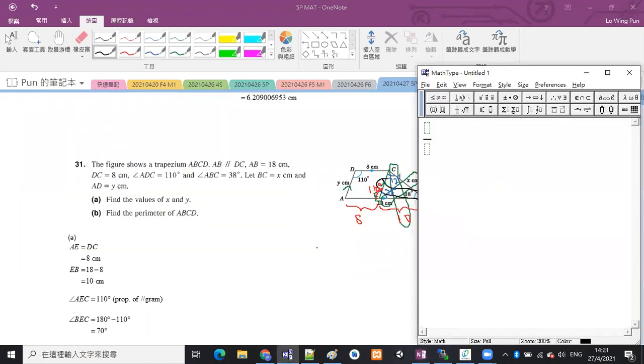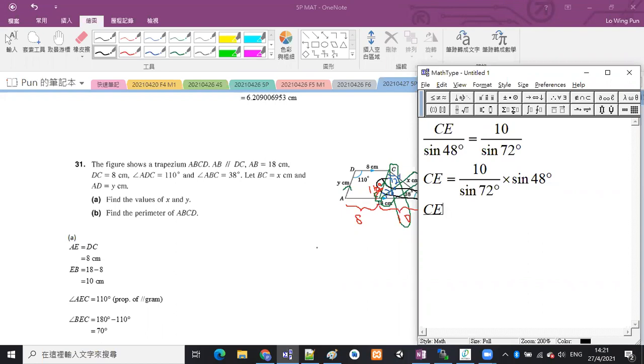So CE over sine 38 degrees is equal to 10 over sine 72 degrees. Okay, and CE is equal to 10 over sine 72 degrees times sine 48 degrees. And then you just use the calculator here. And it should be equal to 7.